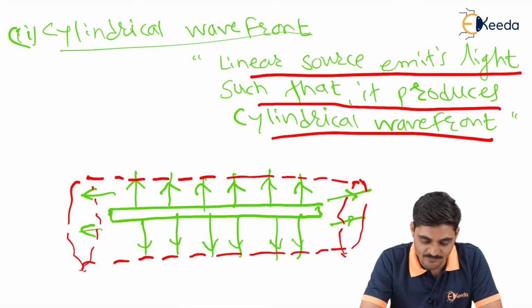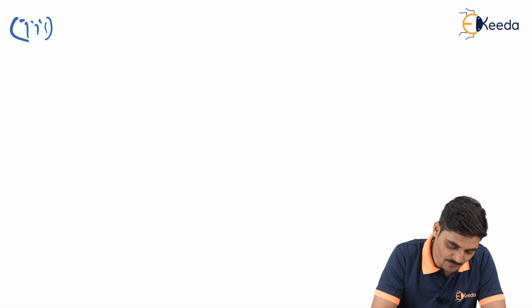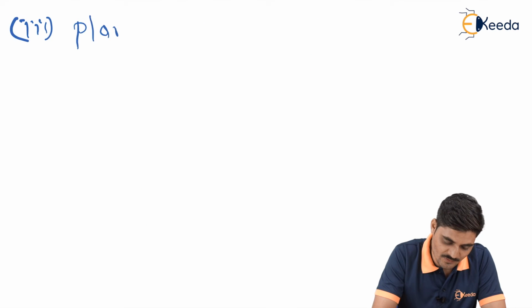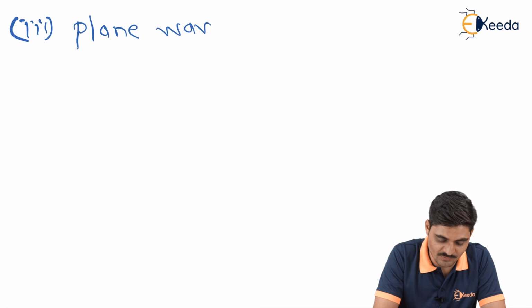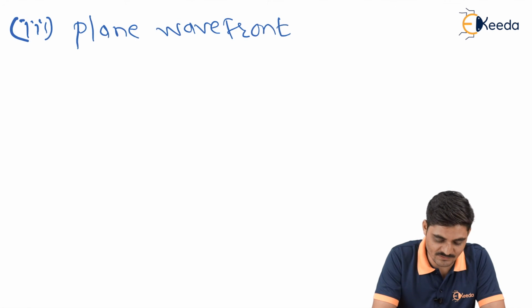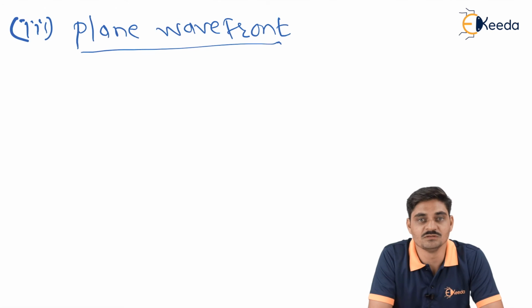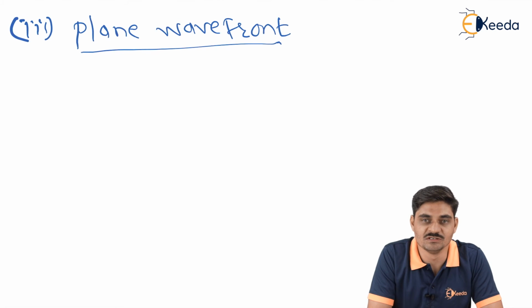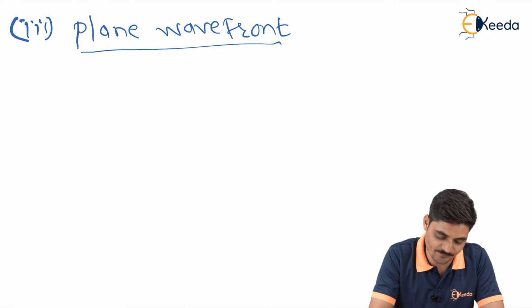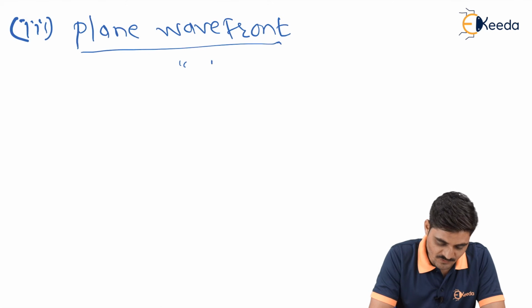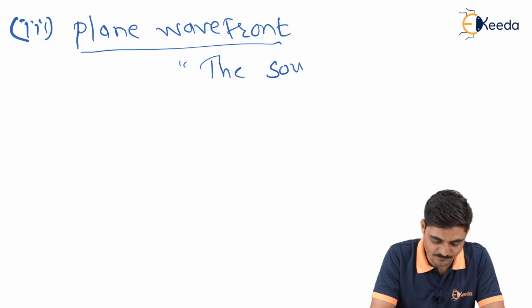And the third type is plane wavefront. Now try to get the meaning of this, because in this chapter of diffraction we will be clearly using the plane type of wavefront only.